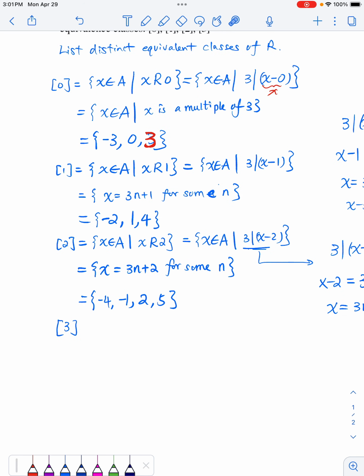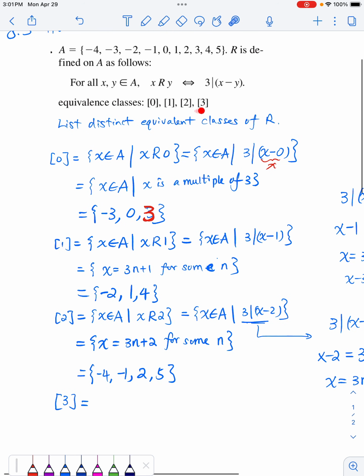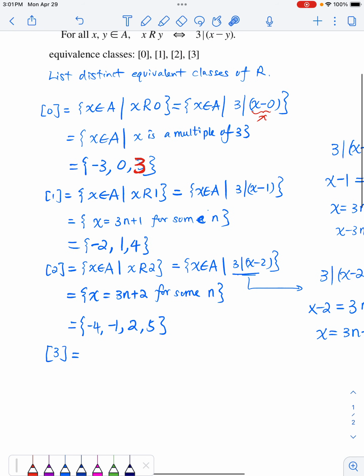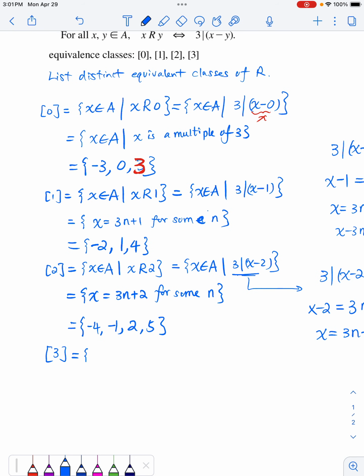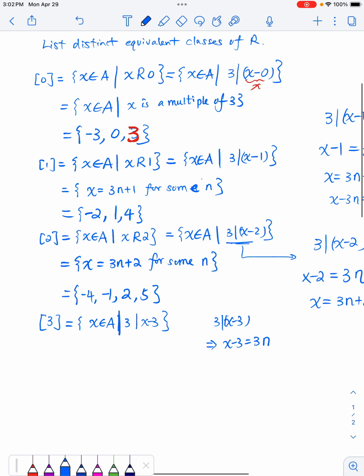All right, but obviously the book actually wants you to try, so you're certainly welcome to try. I know it's going to be the same as the class of 0. So x in A, 3 divides x minus 3, okay? And 3 divides x minus 3 means x minus 3 equals 3 times some integer.